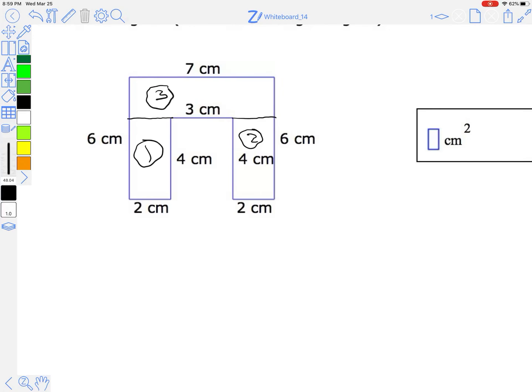So for this first rectangle I talked about, well, the area for a rectangle is base times height. So if I look at rectangle number 1, I see that it's 2 centimeters by 4 centimeters. So that's pretty simple. Area for rectangle number 1 is just 2 times 4, which is 8.